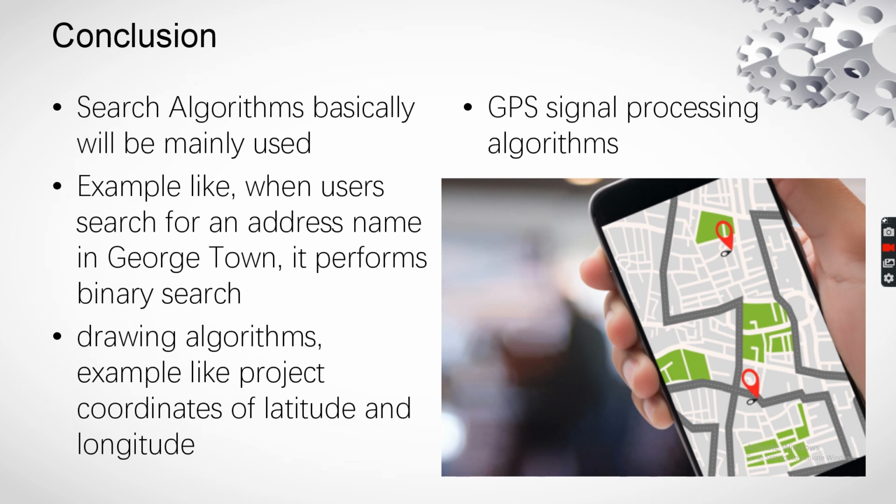Besides, taking the example of Google Maps, it uses Dijkstra's algorithm. This algorithm includes the following main points. 1. The map data is organized efficiently using spatial indexing algorithms and computational geometry algorithms. 2. Drawing algorithms, for example projecting coordinates of latitude and longitude, filling polygons, street names, city names, business parks, etc. 3.